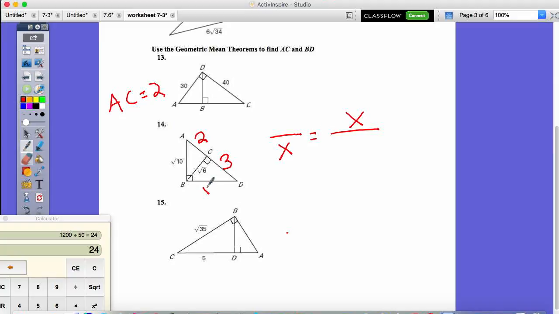I'm going to call this X. The leg is the geometric mean of the entire hypotenuse and the part attached to the leg. That means x squared equals 15. X equals radical 15, which is simplest radical form. In the calculator, that's 3.87, so basically 3.9.